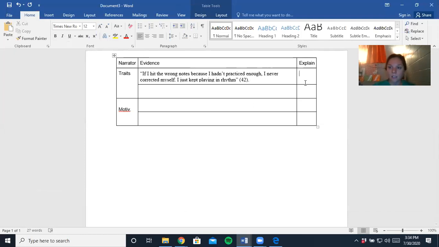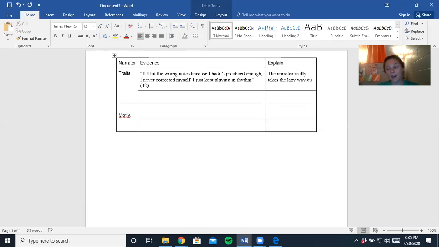So I've hidden the rest of the story because right now I'm just going to explain, what does this tell me about the narrator? So it tells me a couple of things. First of all, she's not putting very much effort in. So when I'm thinking about how I could describe someone who doesn't put very much effort in to being good at things or doing things, I think that the narrator really takes the lazy way out in this situation.